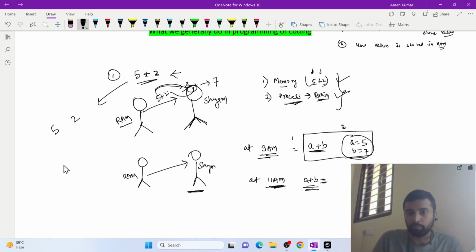It has to store this 5 plus 2 in the memory or in the brain of the computer. Getting my point? Then the CPU's task, after storing 5 and 2, is to perform 5 plus 2. And if required, it can again store its value in the memory, or if it is not required, it can directly give you the answer or the output. I hope it is clear to you so far.